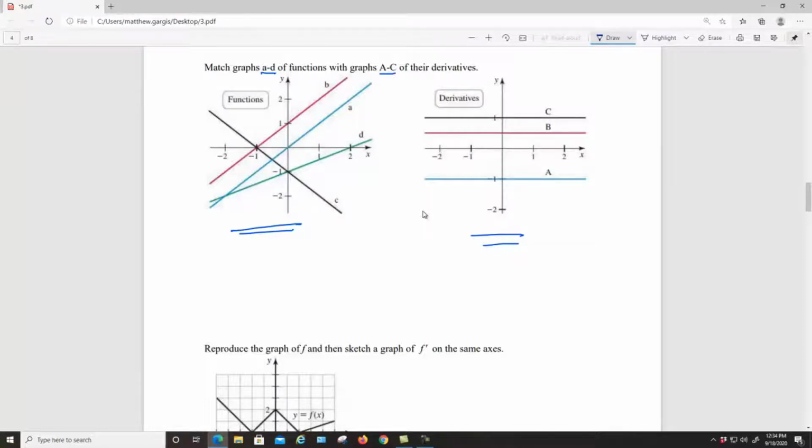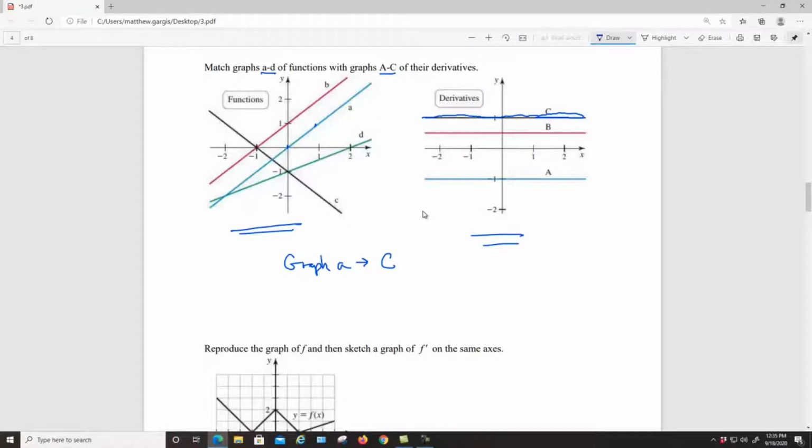Looking at a, it looks like it has a slope of up 1 over 1, so a slope of 1. The derivative at any point on line a would be 1, which is y equals 1, the graph C. So graph a matches C.